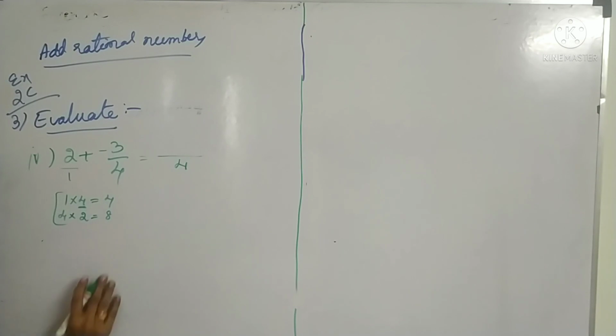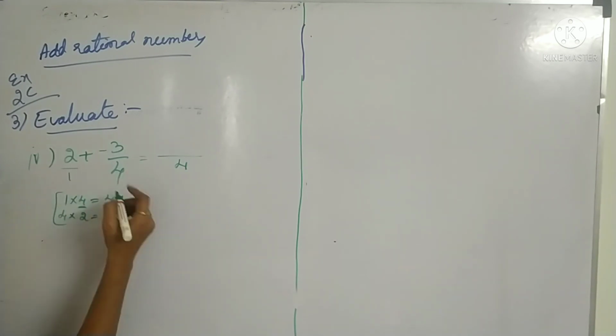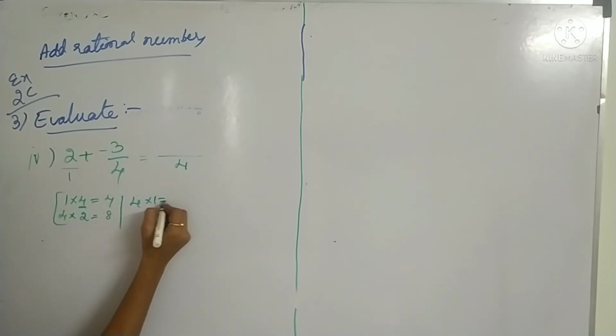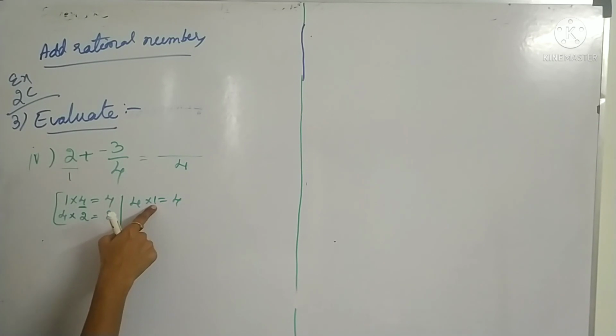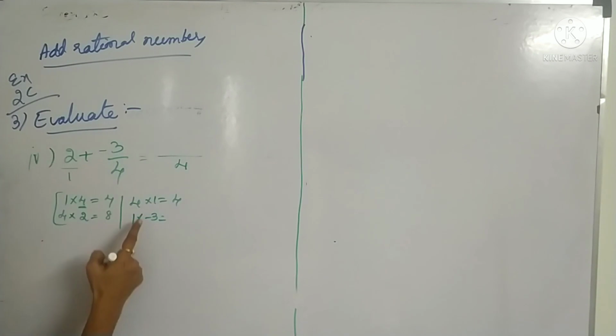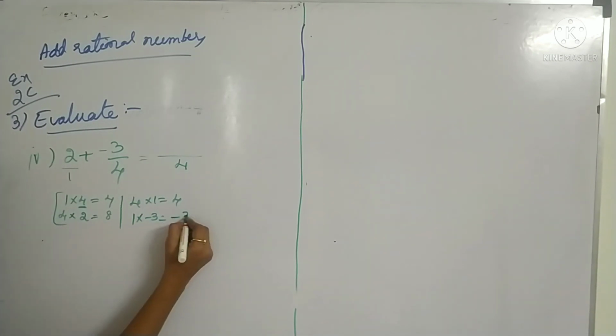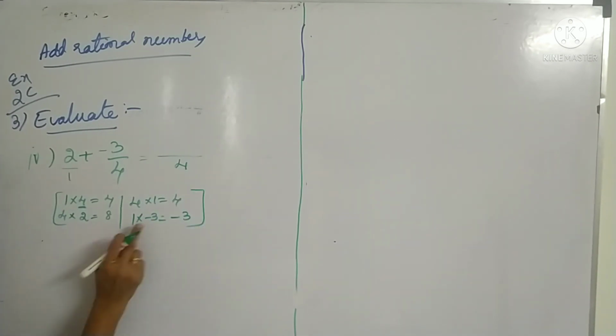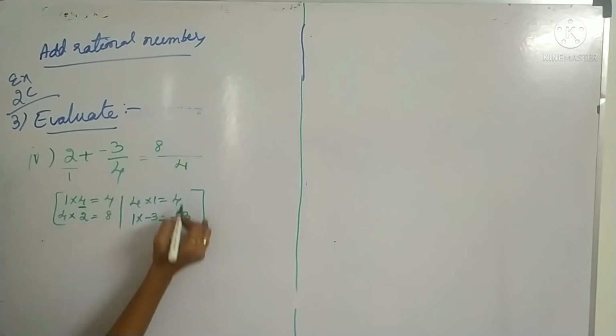4 twos are 8. Now see this one, 4. How many times does 4 go into 4? 1 time. Multiply the numerator with 1. What do you get? Minus 3.